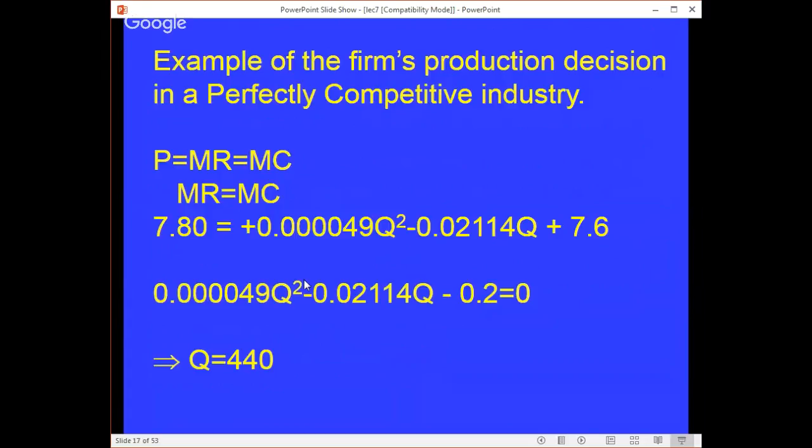And then I just solve for q. The math is a little funky. I'll never ask you to do this. But if you remember from your algebra class, I just apply the quadratic formula here, and I get q equal to 440. So each firm in this second example is going to produce a quantity of 440.